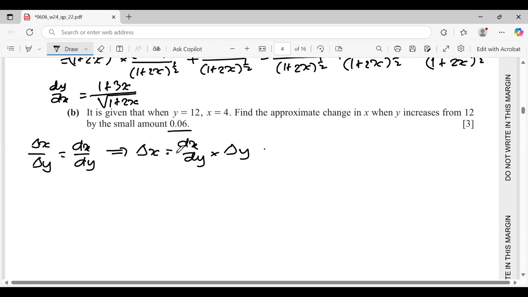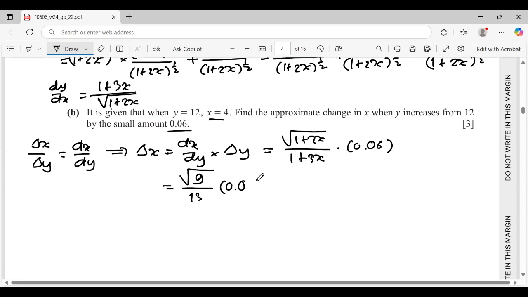So delta x equals dx/dy, which is the reciprocal of dy/dx. So it is the square root of 1 plus 2x over 1 plus 3x times 0.06. Substituting x equals 4, the square root of 9 over 13, times 0.06.